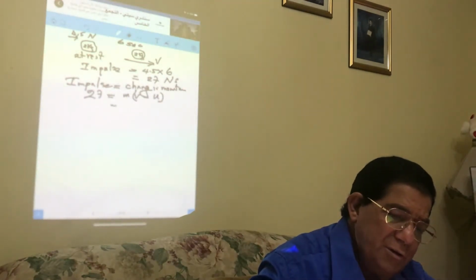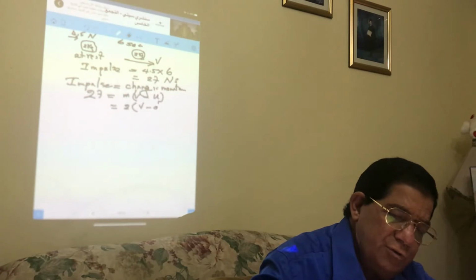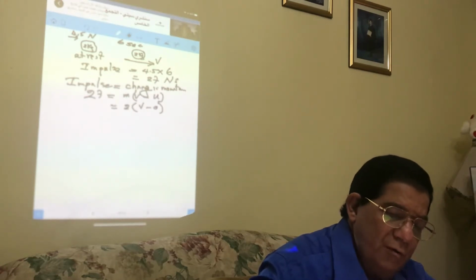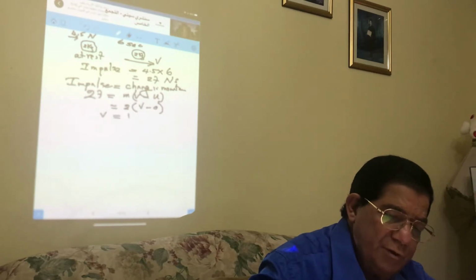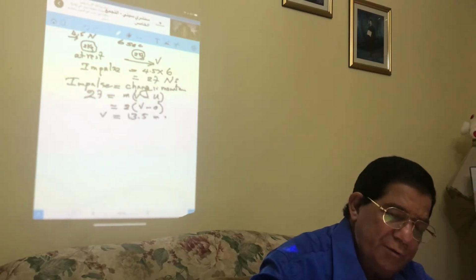The mass is 2 kilograms, the velocity is unknown, and the initial velocity is 0. From this equation, we get the velocity equal to 13.5 meter per second.